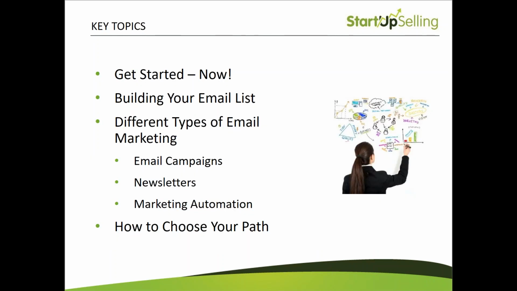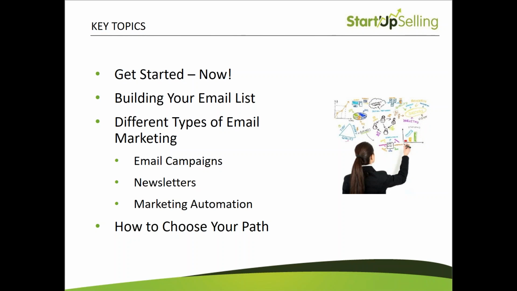So with that, let's get started. The key topics we're going to cover today. First, for anybody who hasn't launched or begun their insurance email marketing campaign or drip marketing campaign, you need to get started now, and we'll remind you of why in case you didn't already know. Before you can send anything out, doesn't matter how great your content is, you have to have a quality email list.